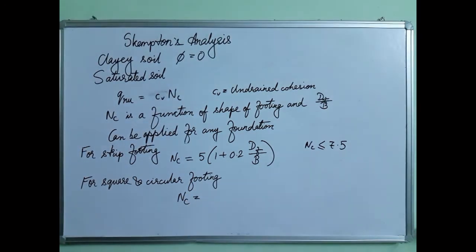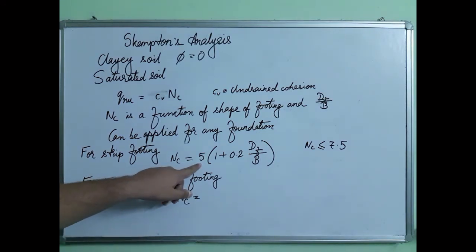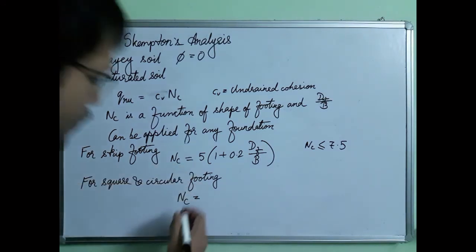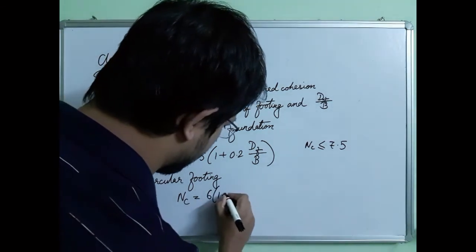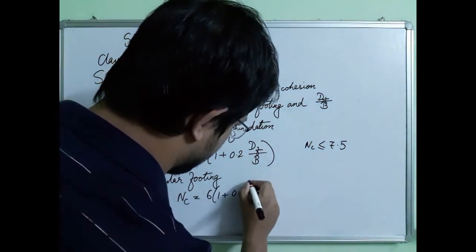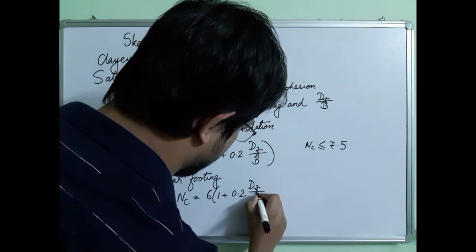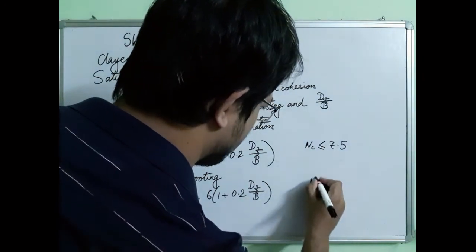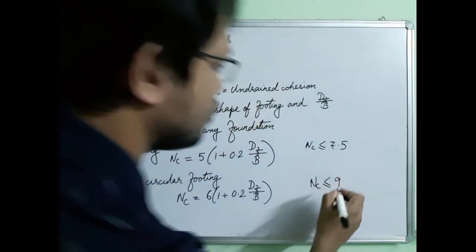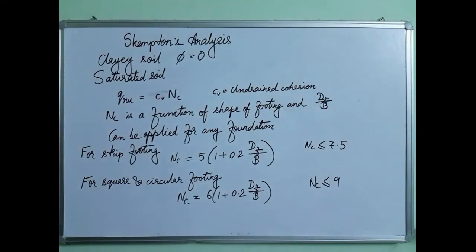For square and circular footing, this 5 changes to 6, nothing else, and Nc is less than or equal to 9. So you have to memorize these formulas. After that, let us go to the rectangular footing.